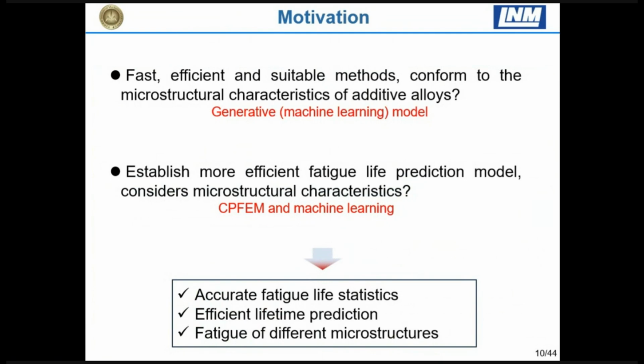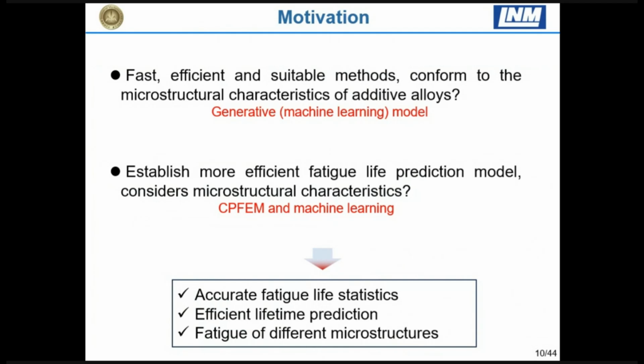So I think this is the goal and the motivation. On one hand, we want to propose a framework to quickly and precisely predict fatigue lifetime and also the distribution of fatigue lifetime, meaning the scatter. On the other hand, we want to use crystal plasticity to consider the grain size, the pores, and lack-of-fusion defects.